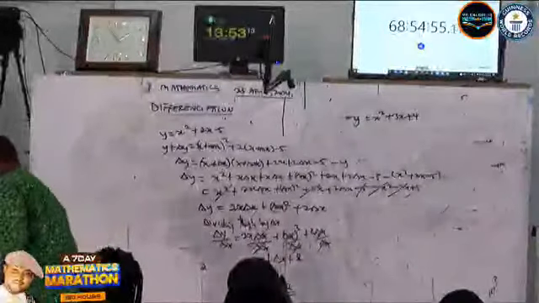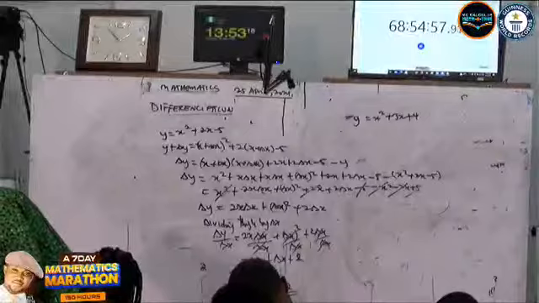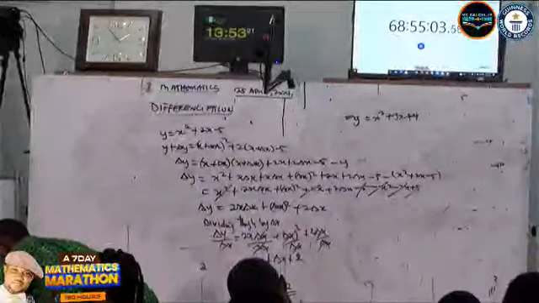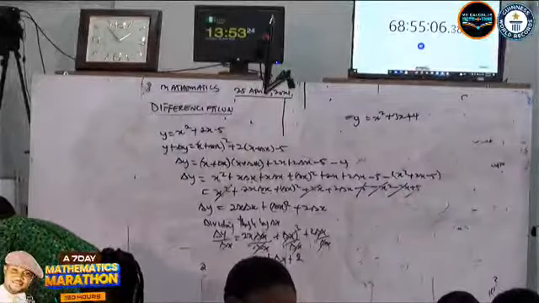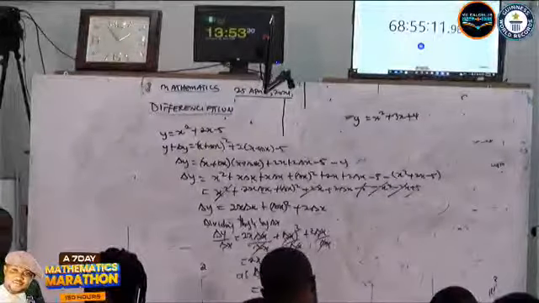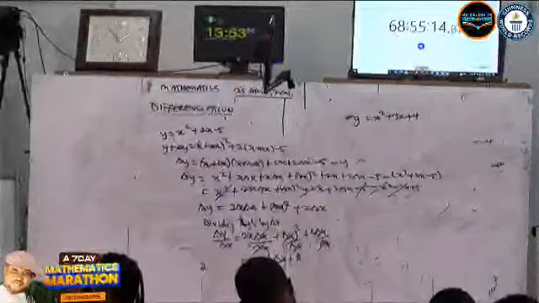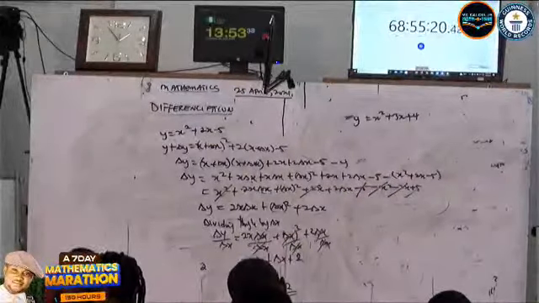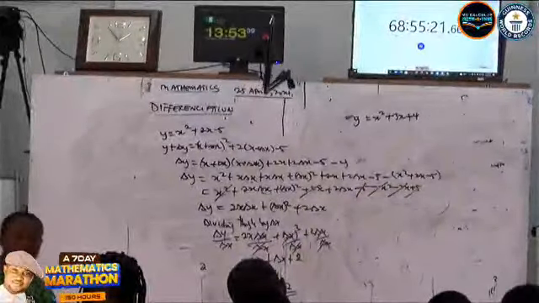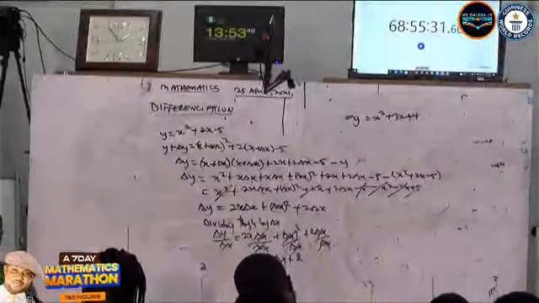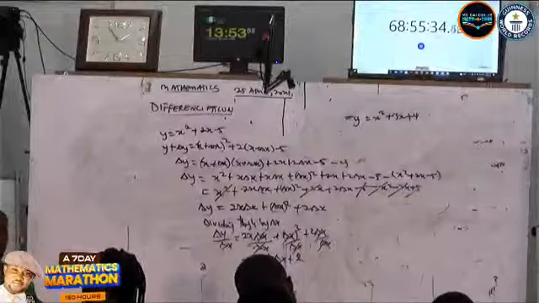Don't forget that when they give you any differentiation, you have to apply any of the methods to solve it. So just try, let's get the value 2x. Is it from first principle? Which method are you using?